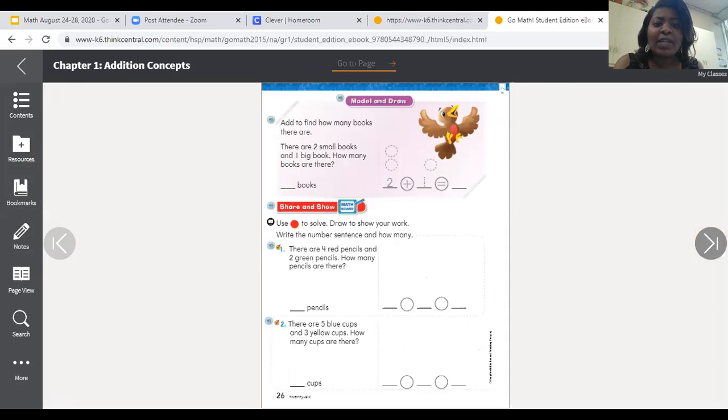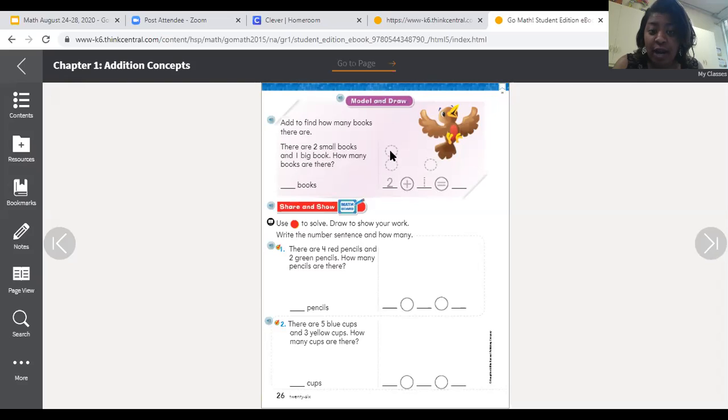All right, we're going to add to find how many books there are. There are 2 small books and 1 big book. How many books are there? Right here, we have already started putting together our addition sentence. Look at where everything is. There's the number 2, there's our plus sign, there's 1, there's our equal sign.